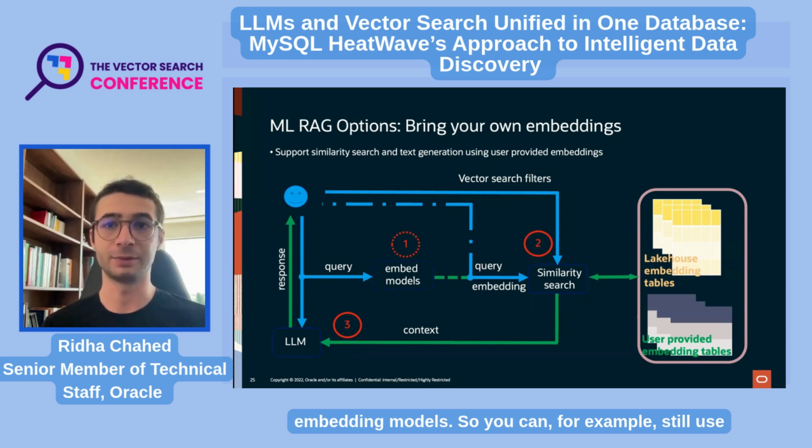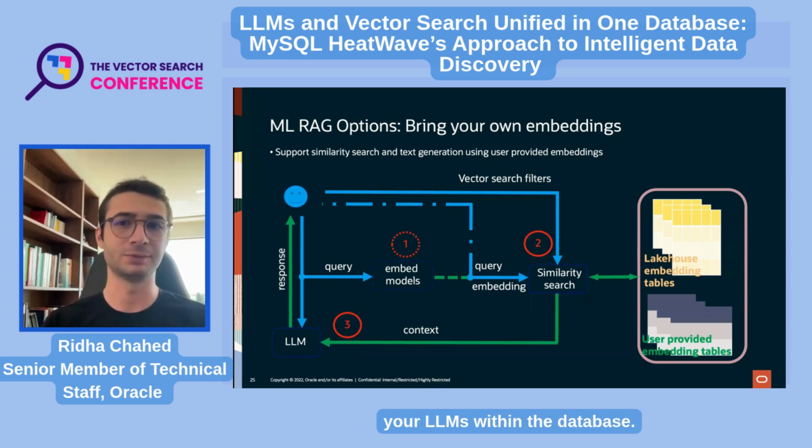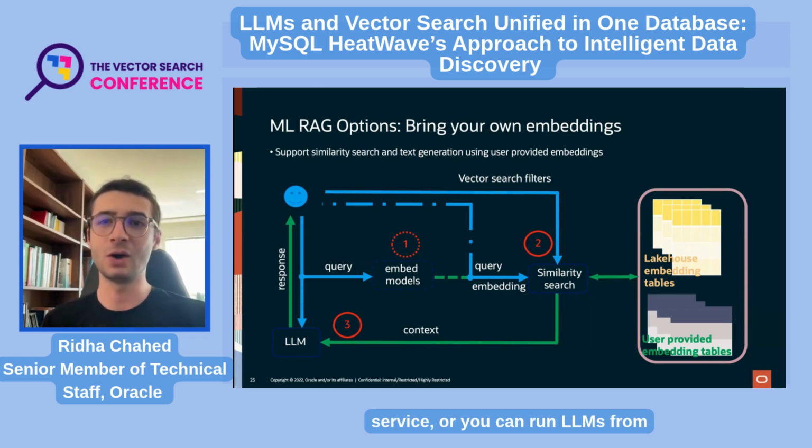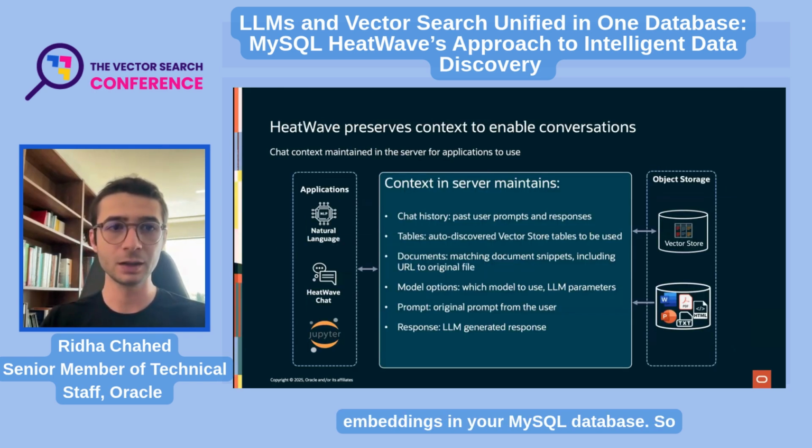You can, for example, still use ML RAG, but have your embedding produced by another service and stored in your MySQL database. So it's pretty flexible. You can run your LLMs within the database, you can run LLMs from the OCI GenAI service, or you can run LLMs from other external providers and just store your embeddings in your MySQL database.